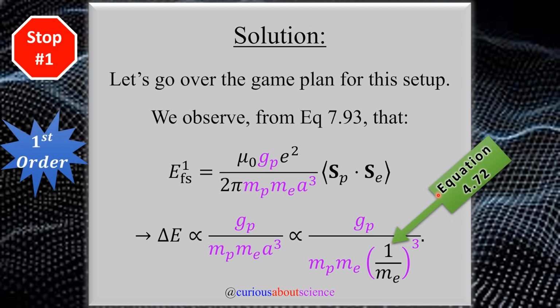Well, let's recall that this is still a first order theory, and as such, we have the first order hyperfine structure. Okay, we see that this comes in with the mu naught g_p e squared over 2 pi m_p, the proton, the electron, and the Bohr radius. And here you have the spins of the proton and electron.